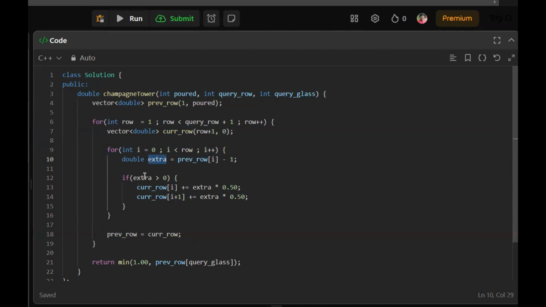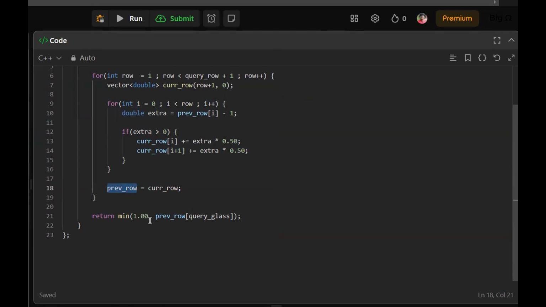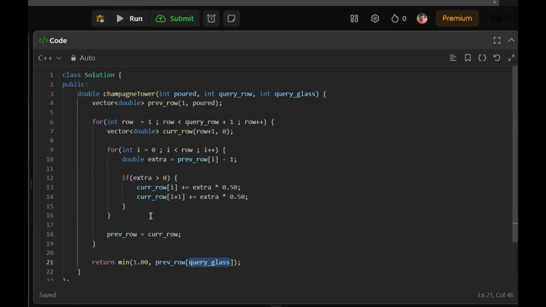If the extra amount of champagne is greater than 0, that means we can move the extra amount of champagne equally into the current row's ith position and (i plus 1)th position. After completing this inner loop, we will simply assign the current row to the previous row variable. And finally, we have to return the minimum of 1 and the previous row's element at the query glass index. I hope you understood the code.